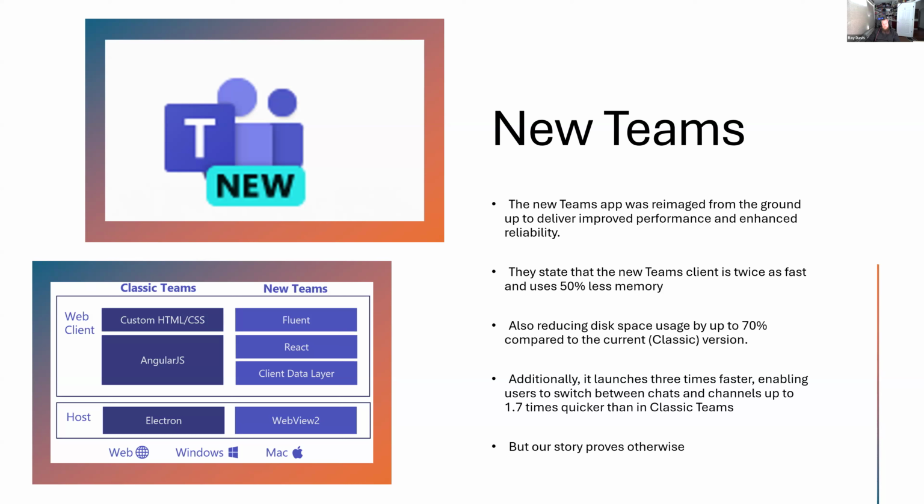Originally when it first came out, just like everything else in our organization, it takes time to develop around it. Microsoft released it, and then unfortunately for us, we had to plan and figure out what we needed to do. This slide shows you the history of the classic Teams and the new Teams, as well as what it can do as far as the compute aspects.